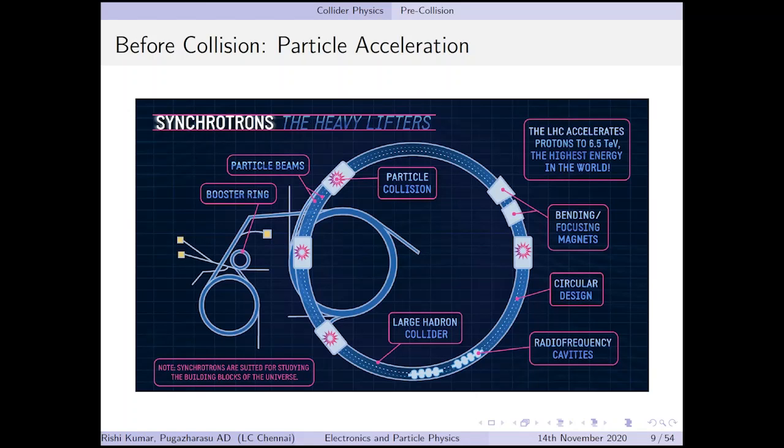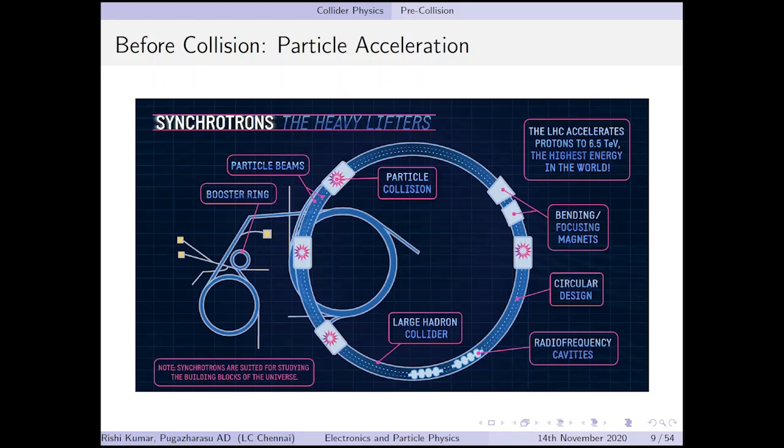The proton bunches can be sent around many times, which can possibly lead to greater acceleration of the protons, which leads to greater momentum of the particles and a higher chance of a successful collision. Even at constant speed, protons traveling in a circle are accelerating due to circular motion, and they always emit electromagnetic radiation, called synchrotron radiation.